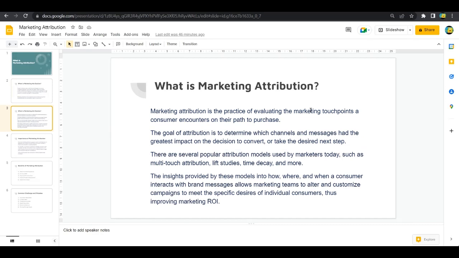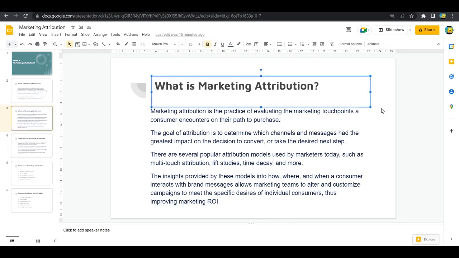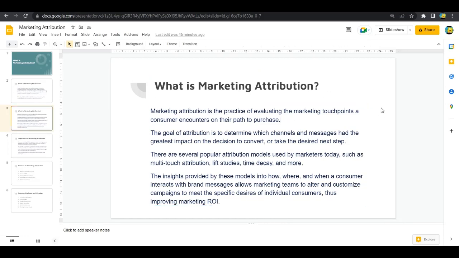Then marketing attribution is the practice of evaluating the marketing touchpoints a consumer encounters on their path to purchase. This is exactly what I said, that the customer, suppose they first click on your website and land on the page, and they perform certain actions, and then they ultimately purchase a product.